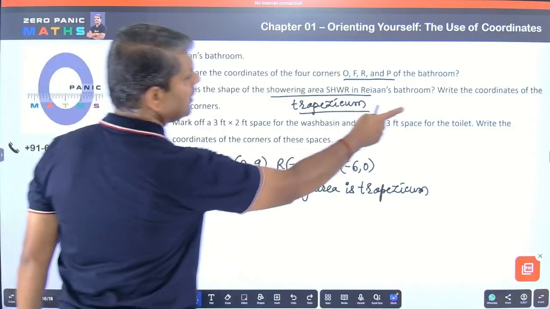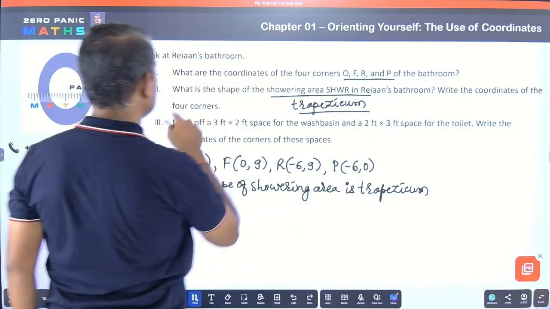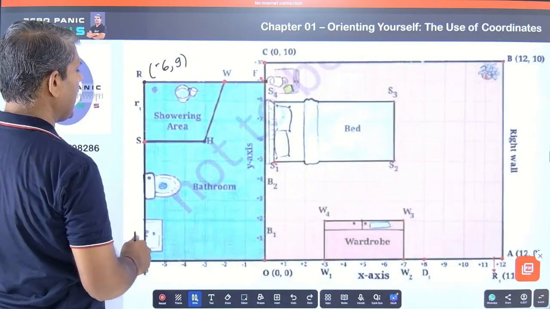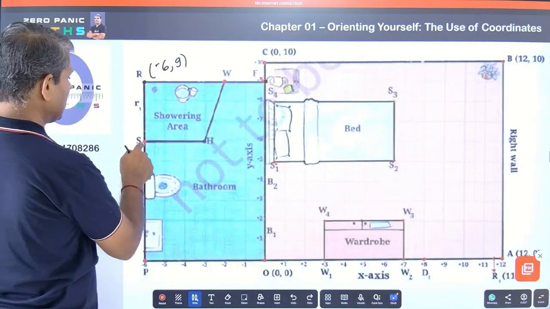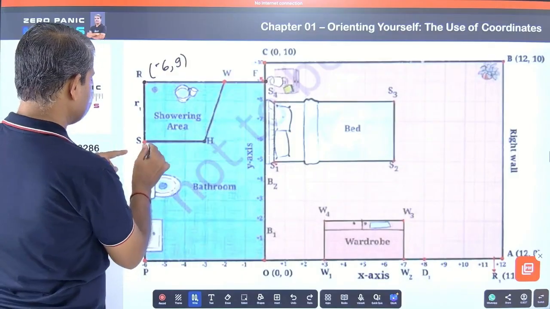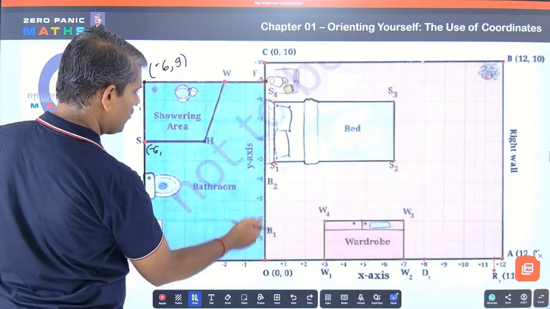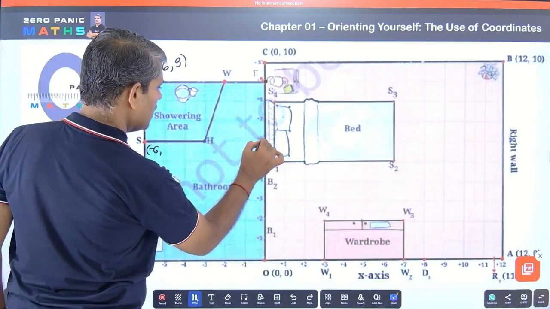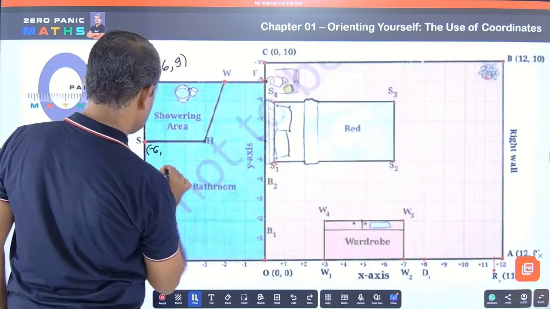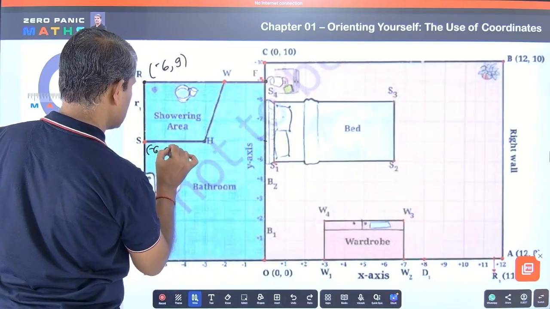And what is the next part? Write the coordinates of the four corners. So how do I find out the coordinates? You can see the x value is -6. And what is the y coordinate value of that? You can see that it is positive 6.